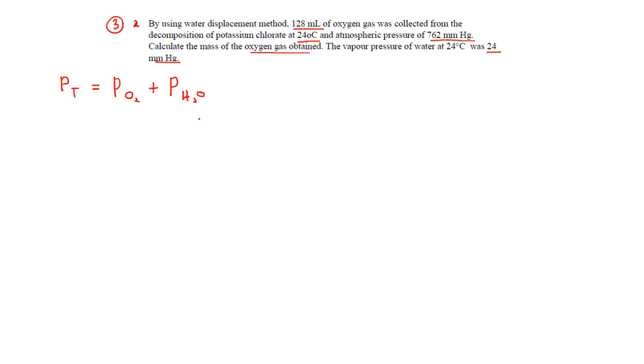So total pressure ataupun atmospheric pressure is equals to partial pressure of oxygen gas plus the partial vapor pressure of water. The total pressure ataupun atmospheric pressure is 762 millimeter mercury. So the first step you kena cari dulu kita punya pressure of oxygen gas, baru kita boleh selesaikan menggunakan PV sama dengan nRT untuk nak cari mass of oxygen gas obtained.